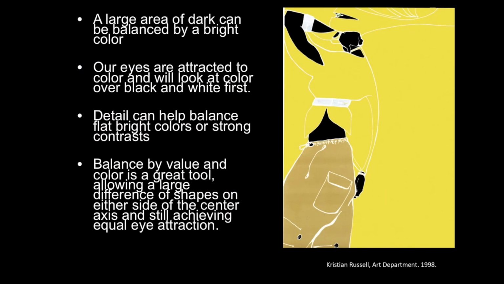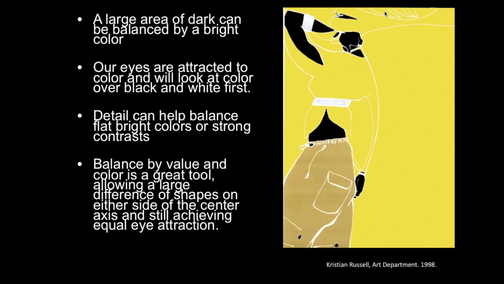So you can see this here. We have a really bright yellow, and then the black is pretty high contrast, that black, and so there's so much yellow here. To balance that out, you need these stark contrasts, and also all of these lines create interest to look here to balance out all this yellow.